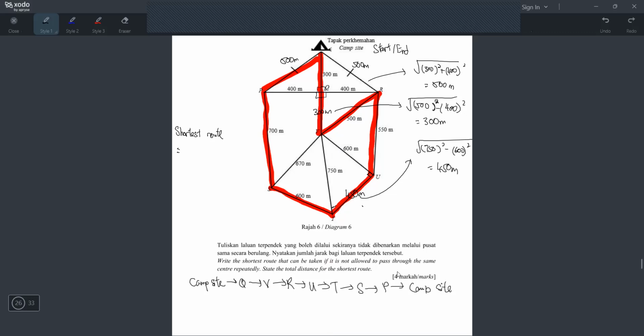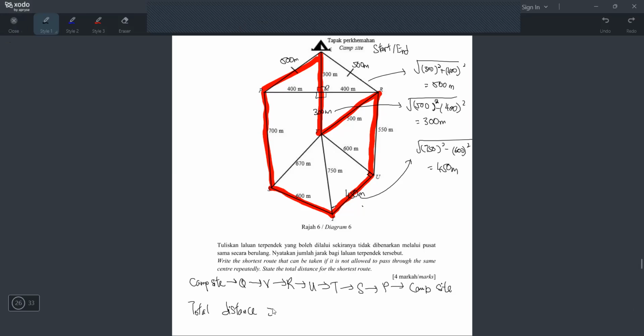Remember, in the exam, always when they ask you to find the shortest route or longest route, and this is the network in graph theory chapter, you always have to show them this working, this arrow. Okay, now only you write the total distance for the shortest route. So how to find the total distance? Just plus all the values.